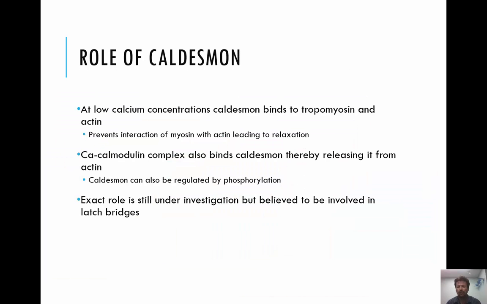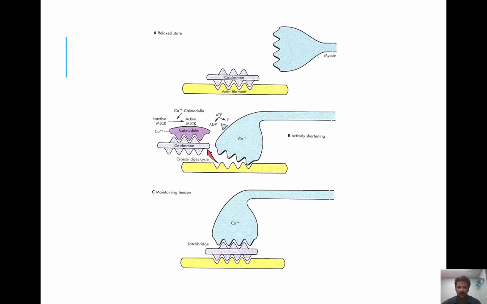Now, I also told you that the tropomyosin is blocking the actin and the myosin from interacting. And in order to remove the tropomyosin, that's done by a protein called caldesmon, which now interacts with the calcium calmodulin complex. So let's just see that in this diagram here.